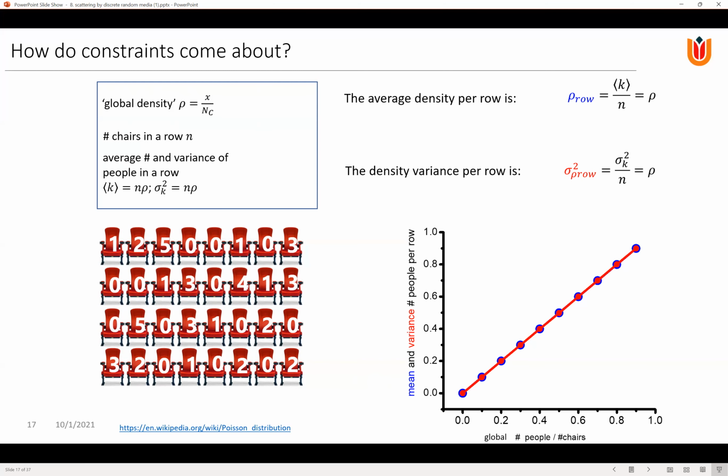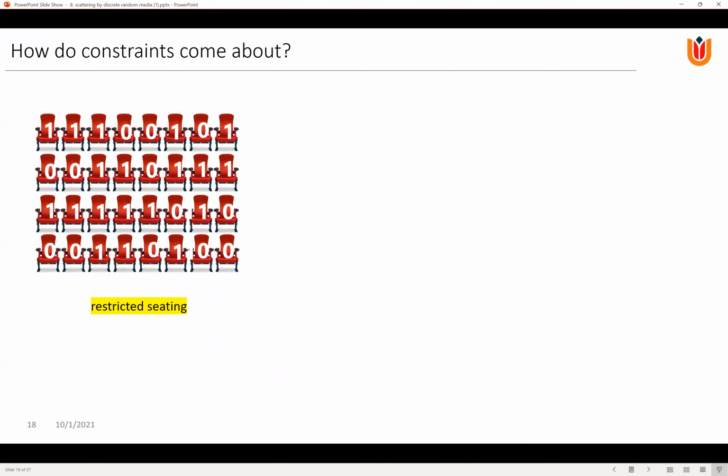And it was all connected to the fact that this liberal way of filling the room is connected with the Poisson distribution. If we use a more realistic situation where only 1 person per seat is allowed, then we cannot use the Poisson distribution anymore. Do you know what distribution we should use in that case?